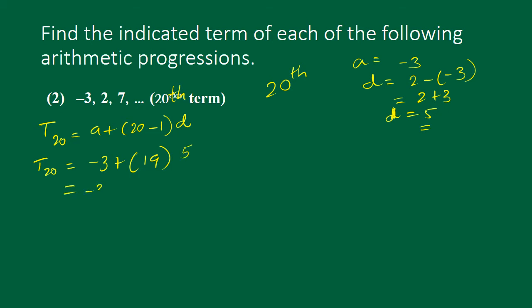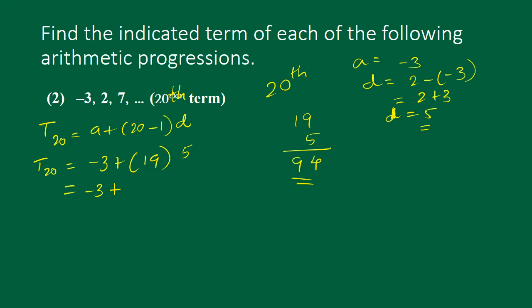Here minus 3 plus 19 times 5, 5 9s are 45, 5 plus 4, 9, right?